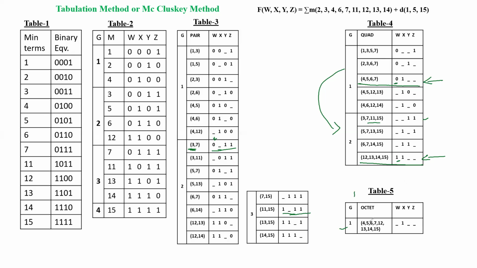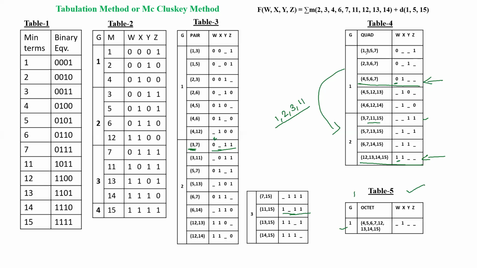Here we have 4, 5, 6, 7, 12, 13, 14, 15, but 1 is not there, 2 is not there, 3 is not there, and 11 is not there. These 4 we are not able to find in table 5, so we look at table 4 where we can obtain them.